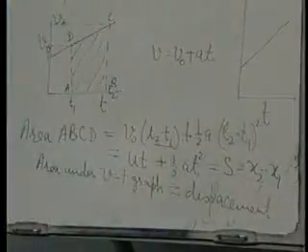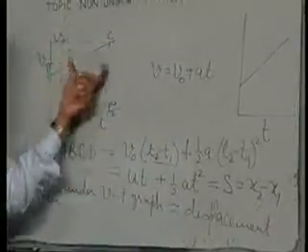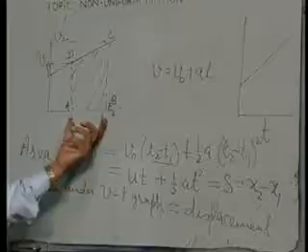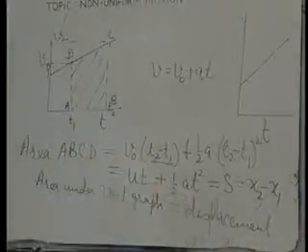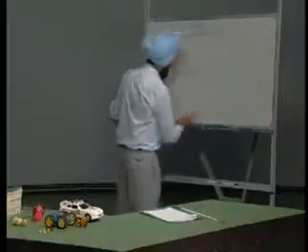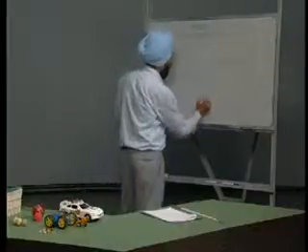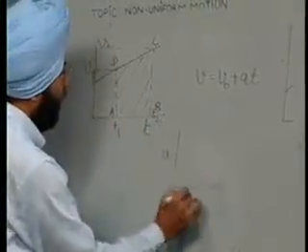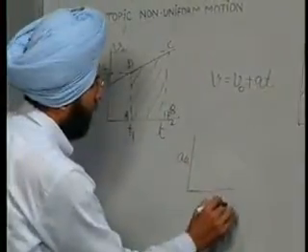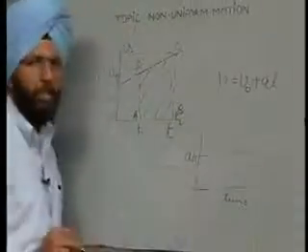So, for a non-uniform motion, if we are given a VT diagram, we can find the area of the graph, and we know the area is equal to the displacement. Now, in non-uniform motion we take acceleration as constant. So, the acceleration time graph is parallel to the time axis.